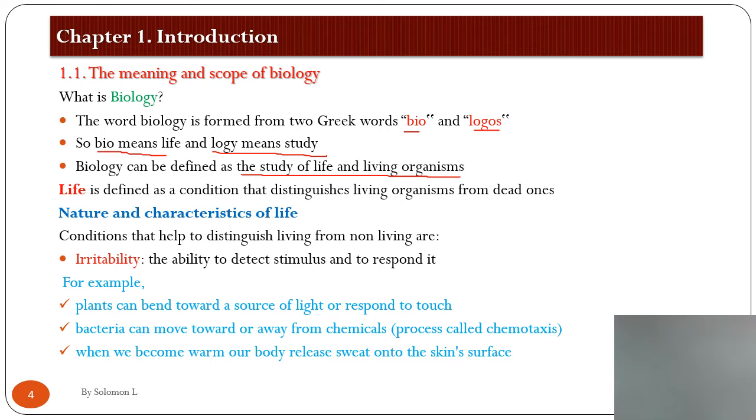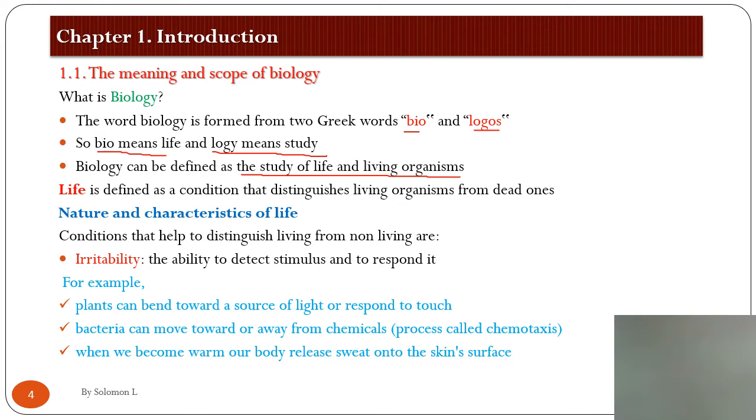There are conditions that help us to distinguish living from non-living organisms. One of these conditions is irritability. Irritability is the ability to detect stimulus and to respond to it. For example, plants can bend toward a source of light, or they may respond to touch.